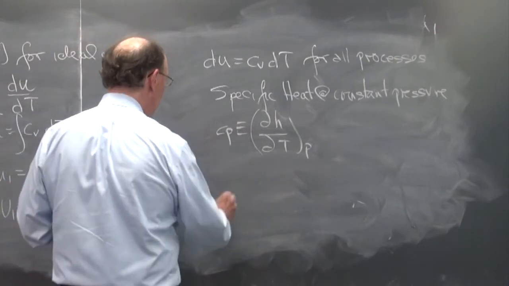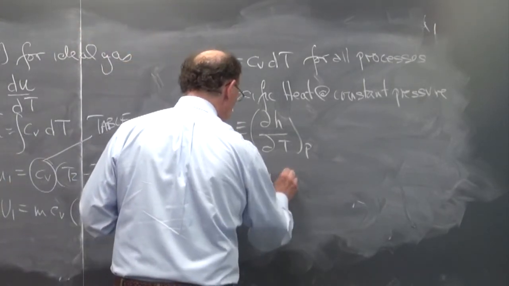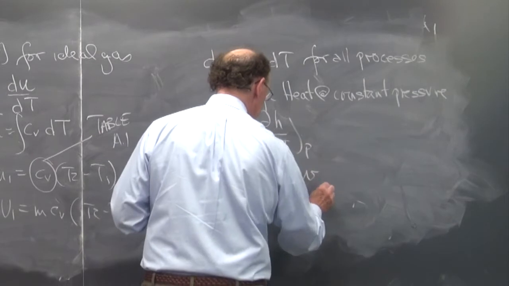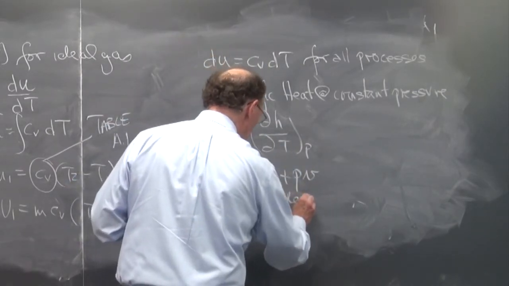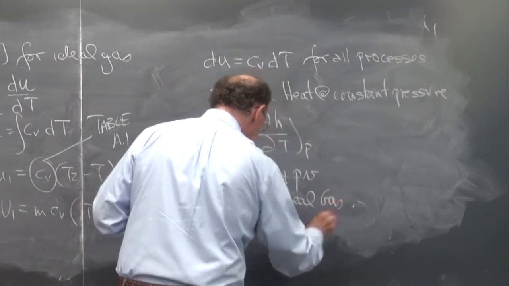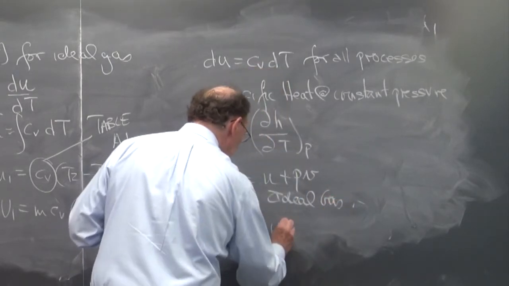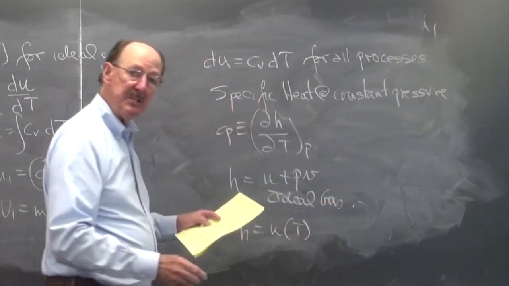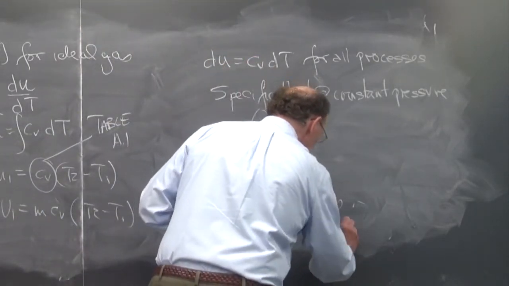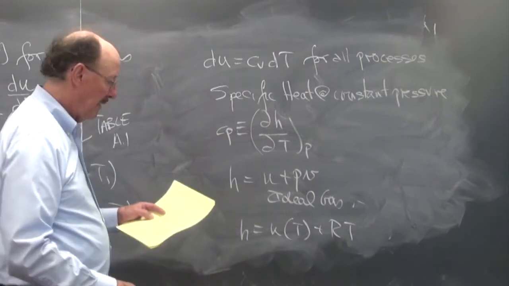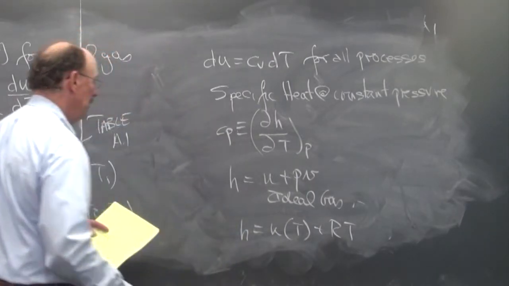And so we have h is equal to u plus Pv, its definition. For an ideal gas the internal energy is only a function of temperature, and Pv equals RT. So the enthalpy of an ideal gas is only a function of temperature.